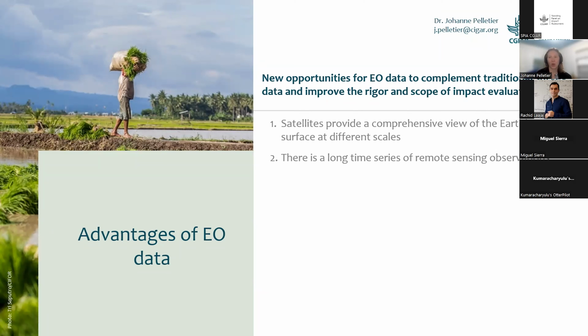So we're really at a golden age of satellite Earth observation. Satellites offer a good spatial coverage, including in remote areas. With a survey, you can go to some specific location, but with remote sensing, you can actually get a wall-to-wall map of the variable of interest.